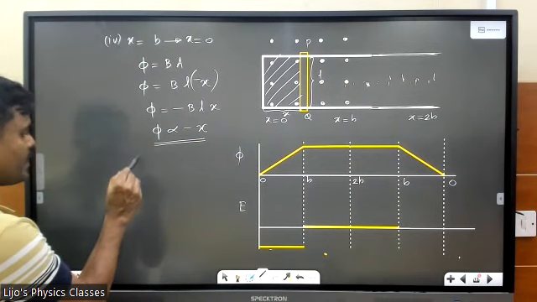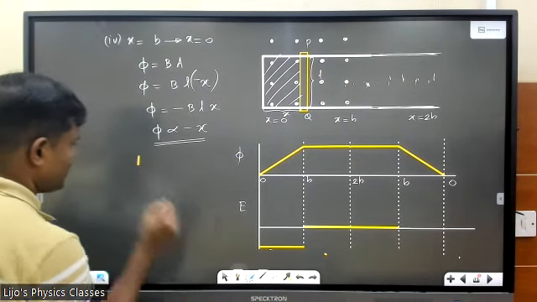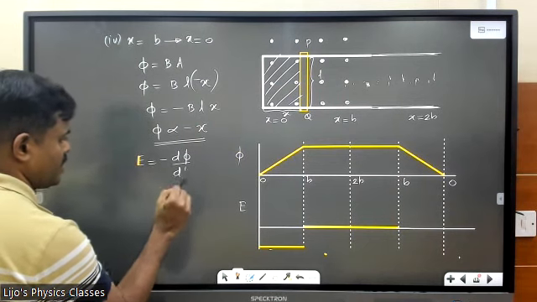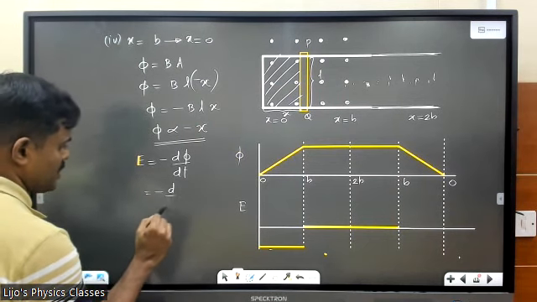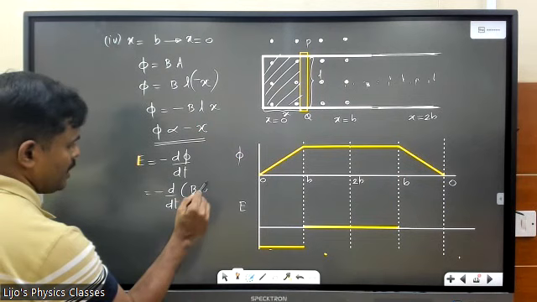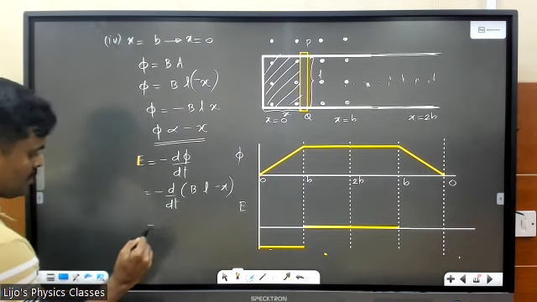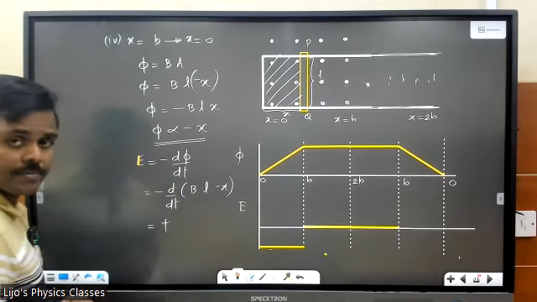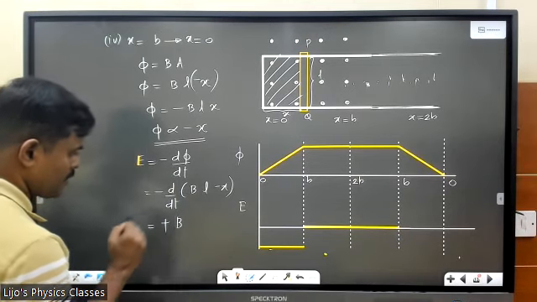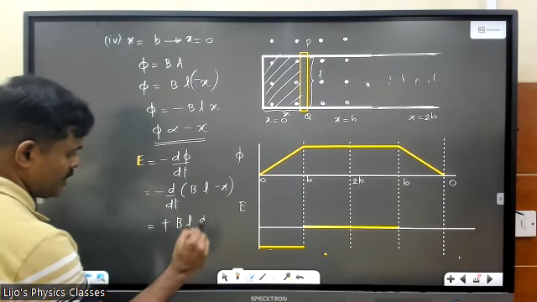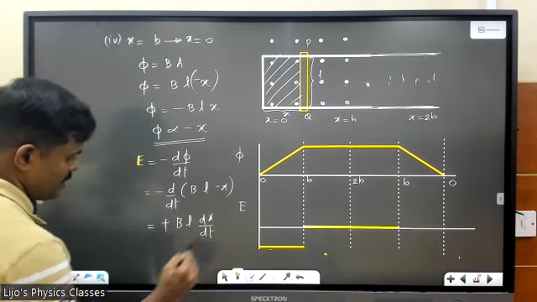And how about EMF now? EMF is given by minus d phi by dt. That is minus d by dt of B into L into minus X. Minus of minus is plus. B comes outside, L comes outside, and what I have inside is dx by dt.